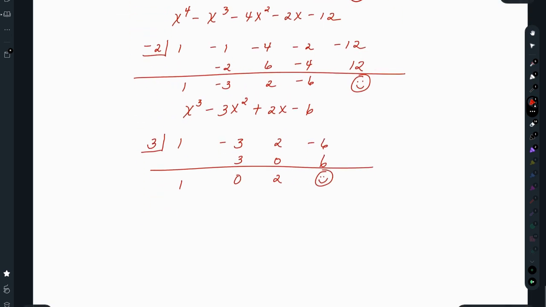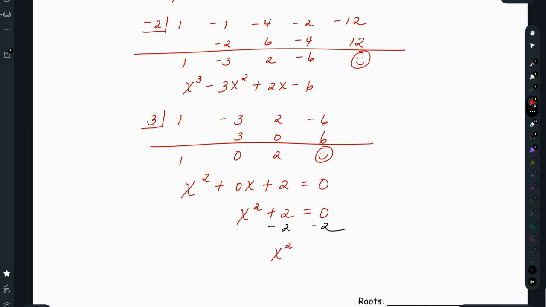all right, it's now reduced to a quadratic. We have x squared plus 0x plus 2 equals 0. You're welcome to use the quadratic formula, but I prefer, in this case, to use the square root method. I'm going to subtract 2 from both sides. I'm going to get x squared equals -2.